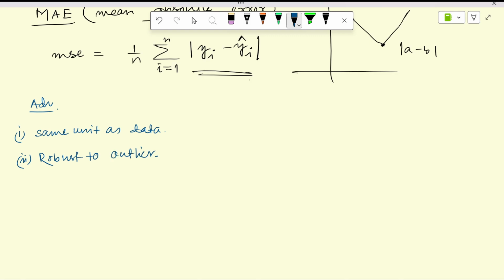Why robust to outliers? Because when we take just the difference of two points, let's say x minus y, we do not take any square, so it's going to be less than taking the square.